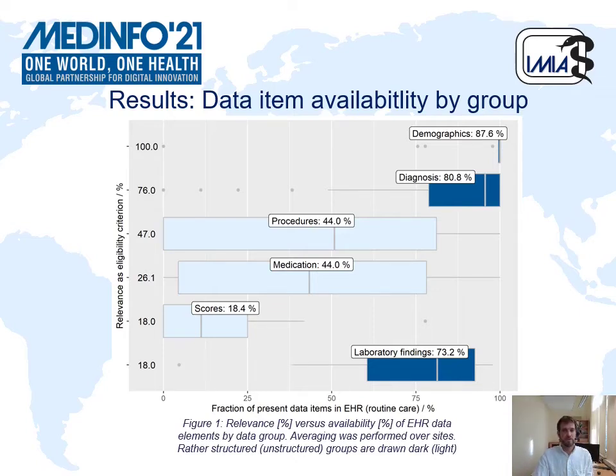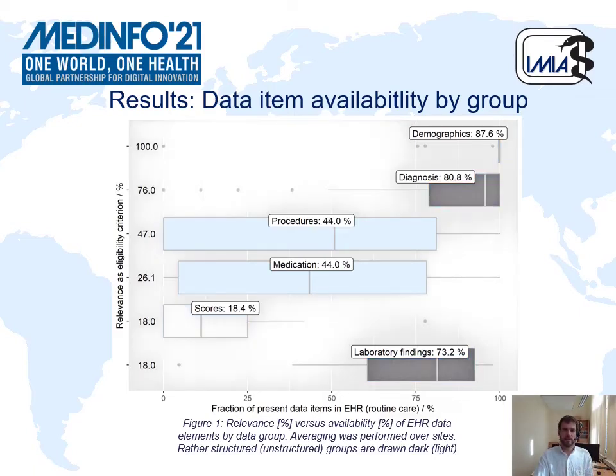This is not really surprising, as the data elements are often directly fed into the electronic health records without manual interaction. The fraction of present data elements differs from site to site because different sites seem to have slightly different compositions of lab parameters utilized in routine care, and so the availability shown here depends on how well the selection of the 5 lab parameters in the assessment is covered at each site.